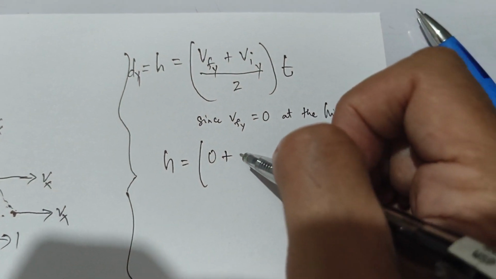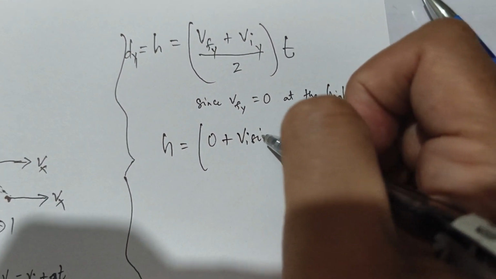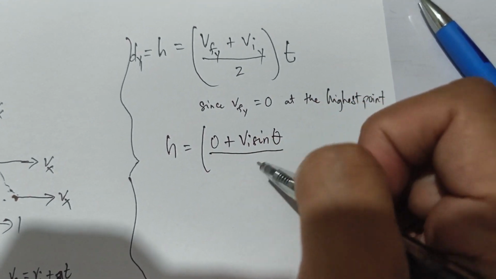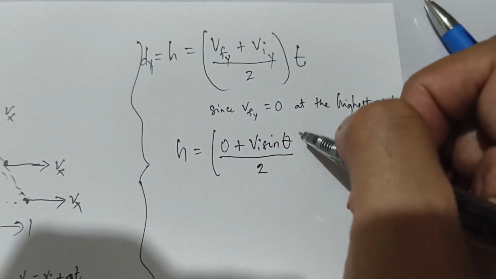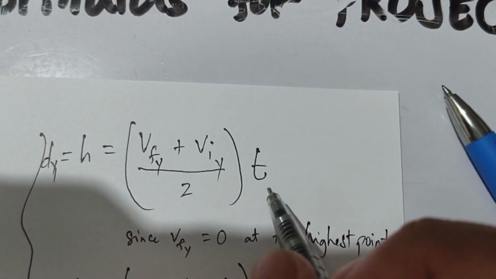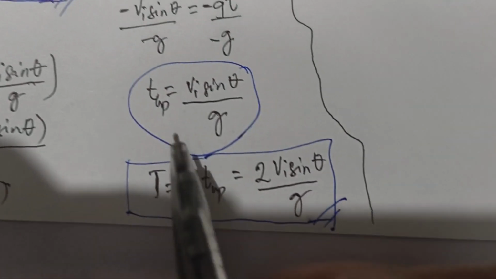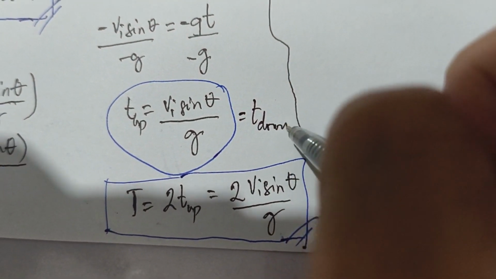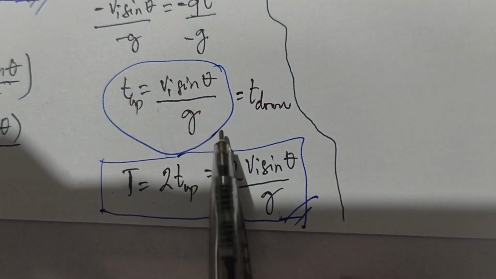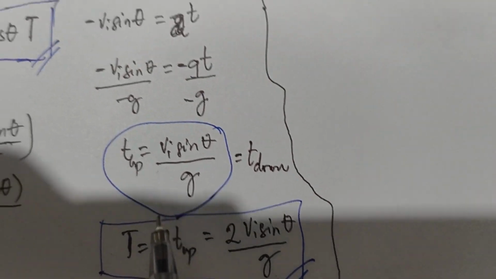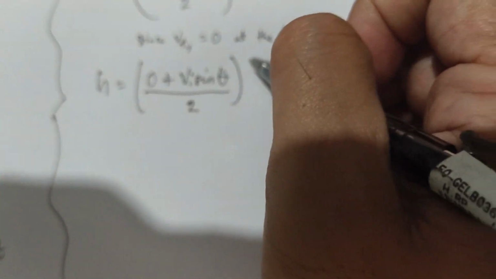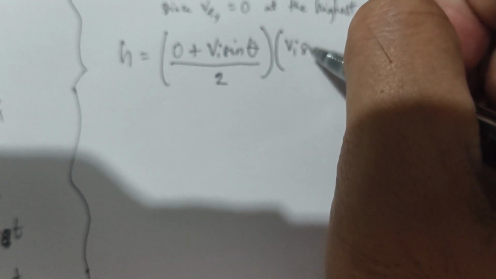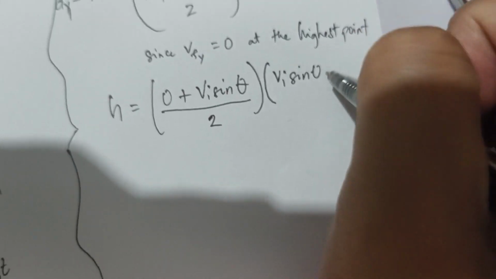So, we will put Vi sine theta over 2 times t. But what is t? T up or also equal to t down is equal to Vi sine theta over g. So if we substitute that to this equation, so I will have Vi sine theta over g.